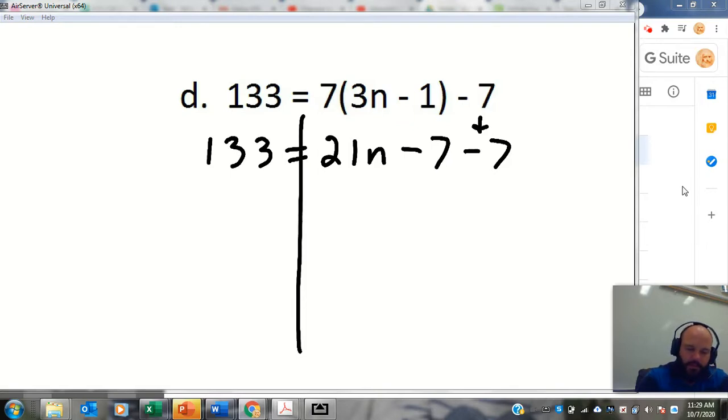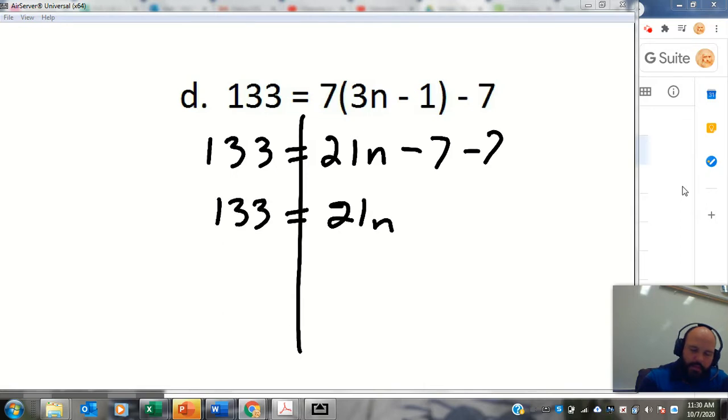Now this one's a little different than the last one because there are not multiple variables that we need to get together. You can see there's only one n right there. But we do have like terms right here. We have this negative 7 and negative 7. So those two are going to get together. So we're going to leave the 133. We're going to leave the 21n. And then this is going to become minus 14 because negative 7 minus 7 is negative 14.